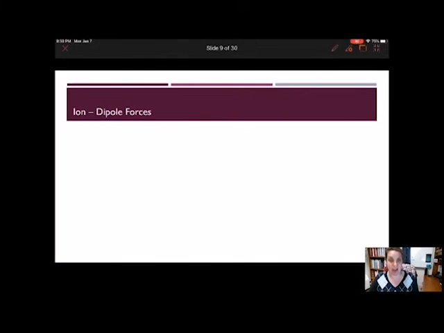So let's first look at our ion-dipole force. So an ion, pretty obvious. This is going to be a cation or anion. So this is either a metal cation or a non-metal anion. So this is something with a full charge. And then a dipole is something that possesses a dipole, so a polar molecule.